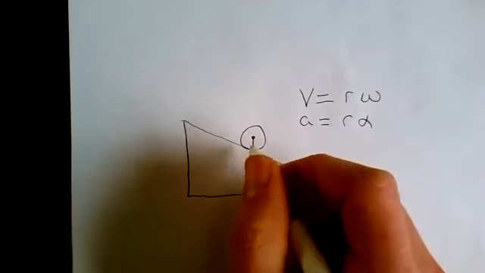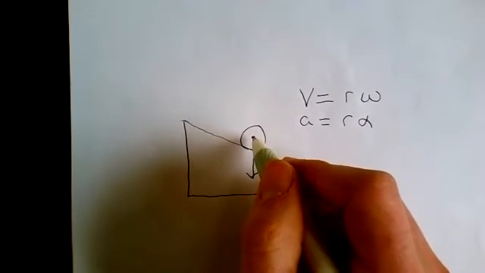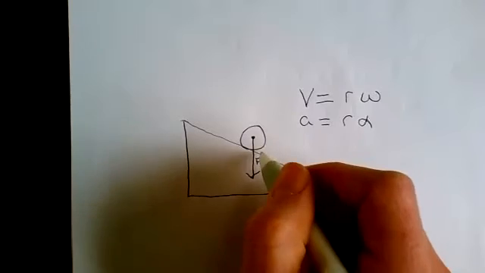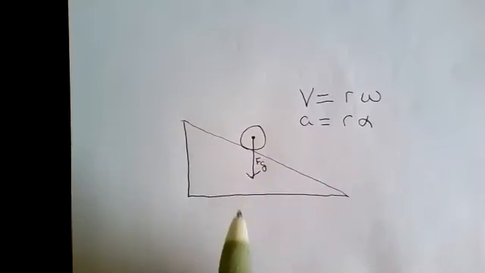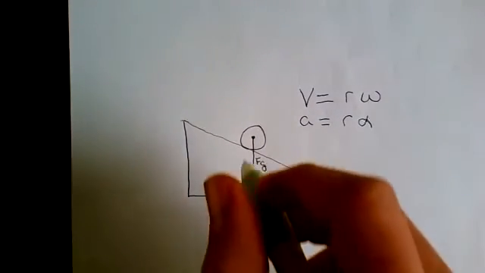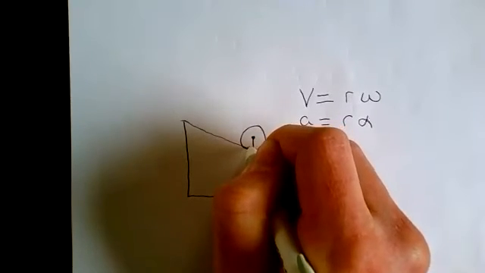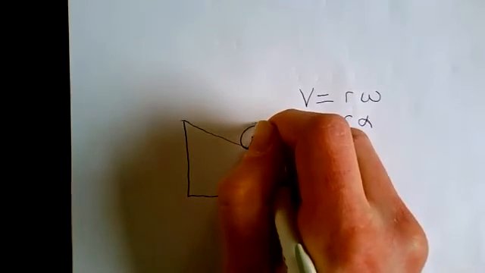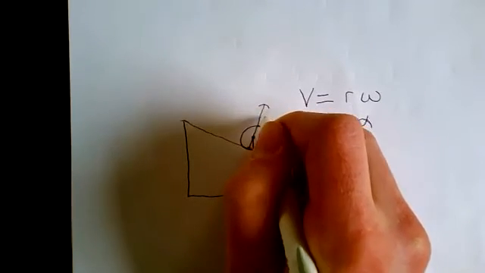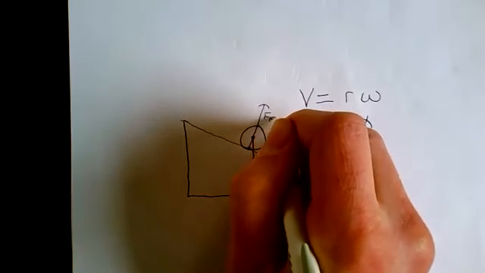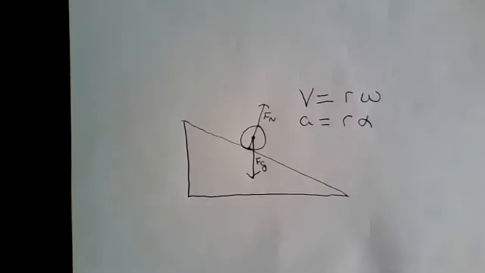Because this force is acting on the center of mass, it actually provides no torque, and that's going to be important. You also, from the surface, have the normal force.